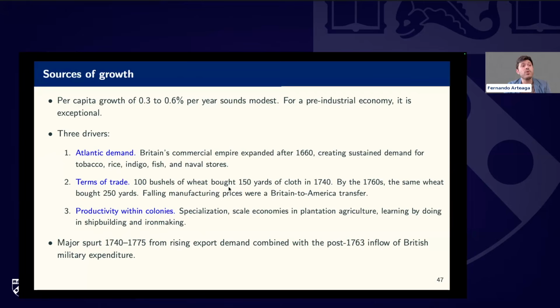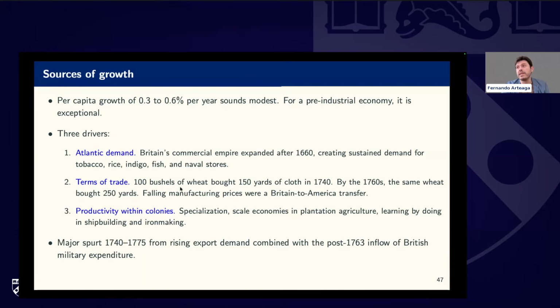Say you produce a ton of tobacco, and that in one year gives you a ton of clothes. But given that the productivity in England is rising so fast, your own productivity may be rising, but not as fast. What that means is that through time, you end up having access to more consumption goods, because a lot of capital and consumer goods that require capital goods are being produced in England.